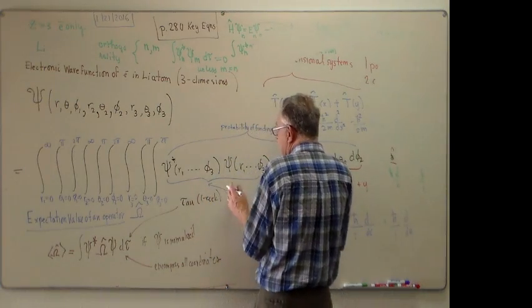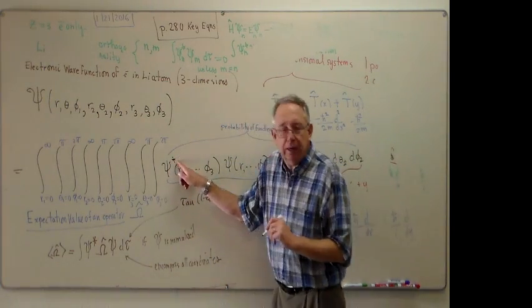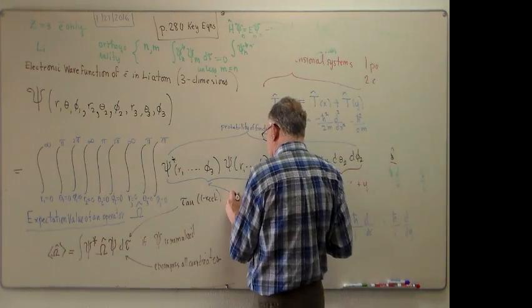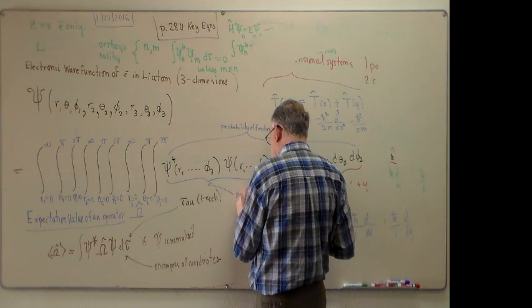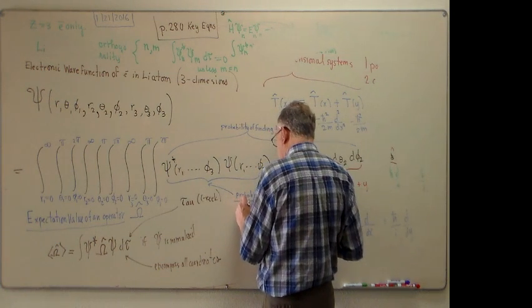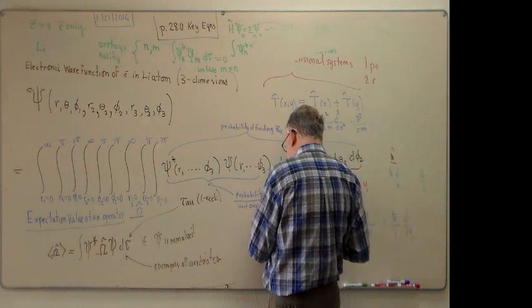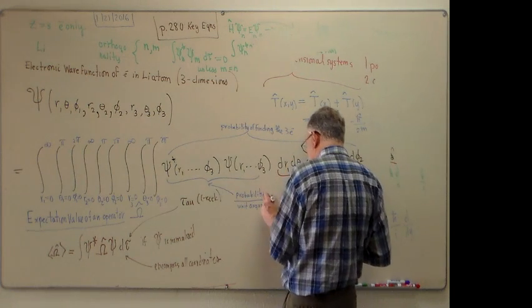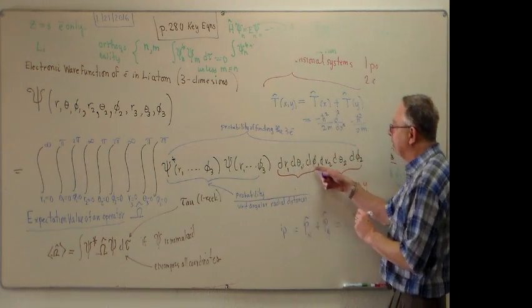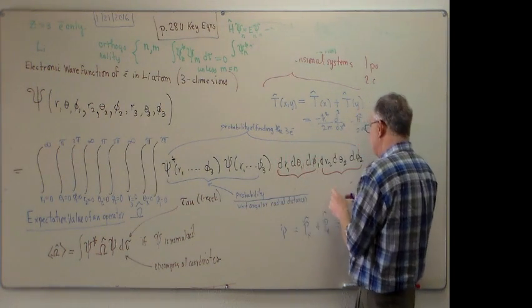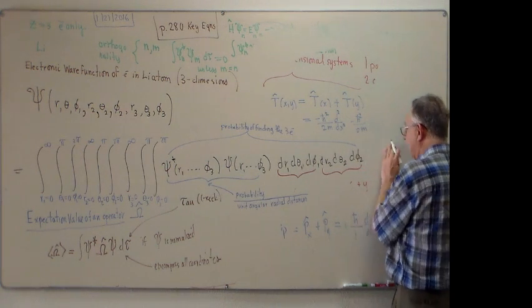And just the wave function complex conjugate, which we indicate by star, times the wave function, that is going to be the probability per unit angular and radial distances that are covered in this differential element, which has dr, d theta, d phi for particles 1, 2, and 3.